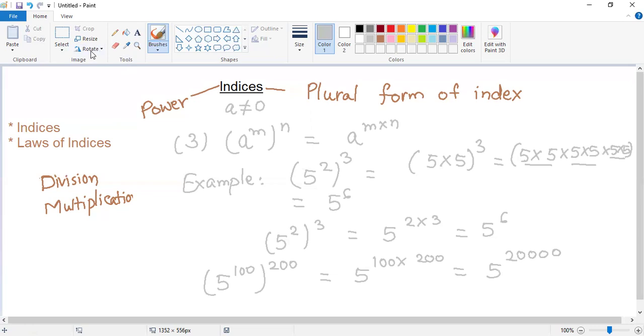We can pause the video and note it down. We'll move to the fourth law.